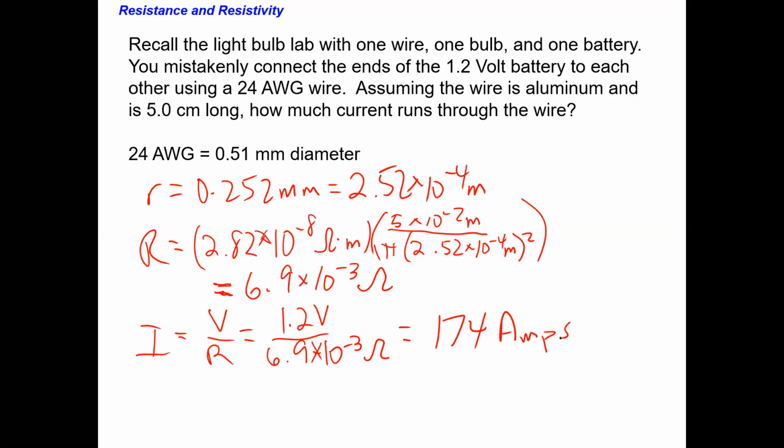That is a lot of current. That would definitely be something to be concerned about. But the thing is, the battery is going to drain very, very quickly if we leave this connected. We noticed that the wire got very hot. This could definitely burn us, but it turns out that the resistance of your body is quite a bit higher than this, and as a result, the current that the battery could drive through your body is quite a bit lower.